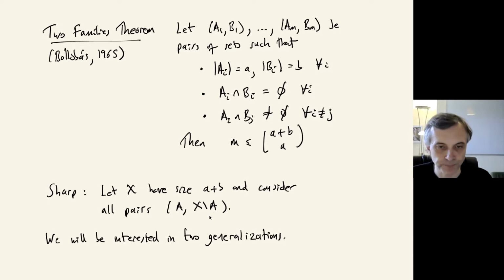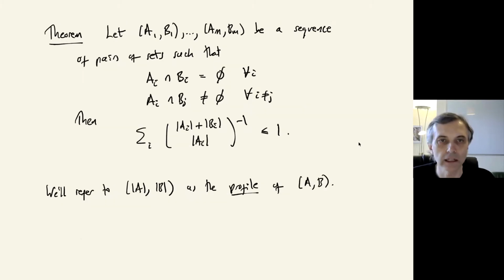choose a. So this is essentially the original version of the theorem, and there are two types of generalization that have been carried out. Here's the first type of generalization. We vary the sizes of the sets. Again, we have pairs A1, B1 up to Am, Bm.